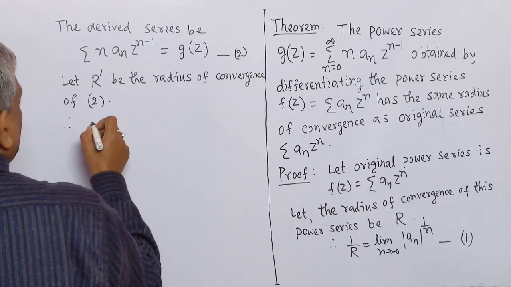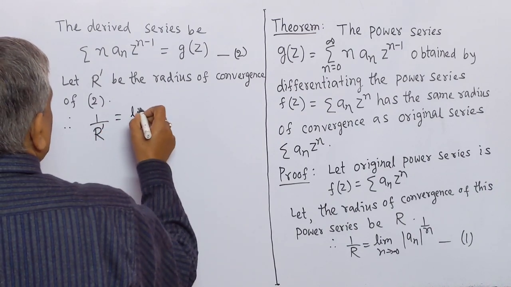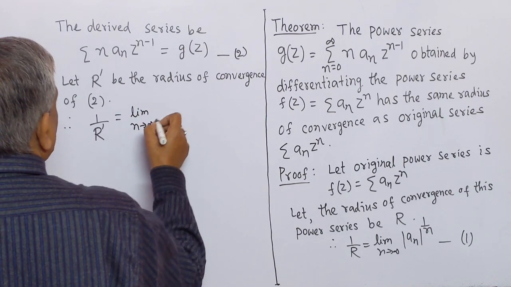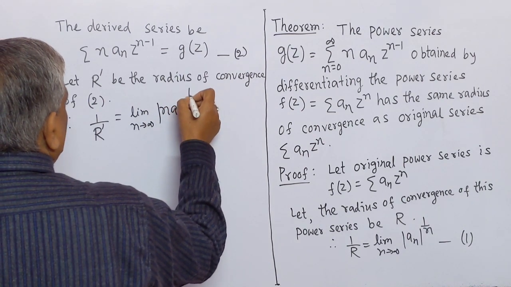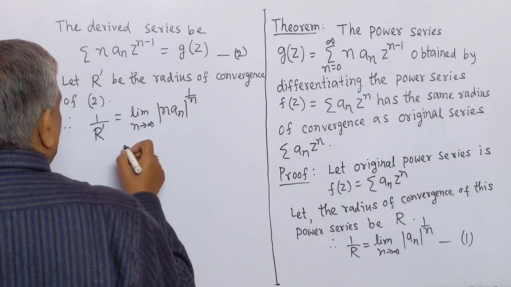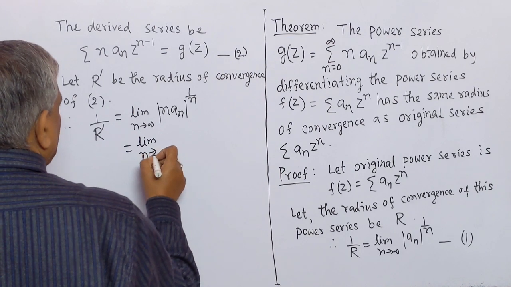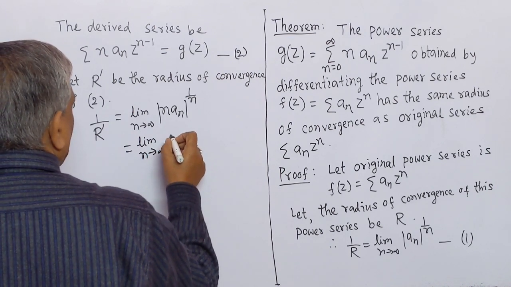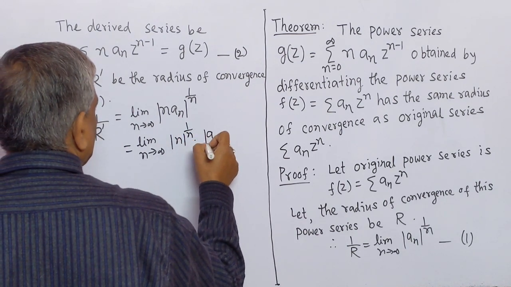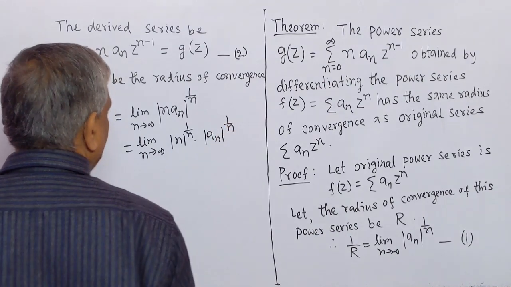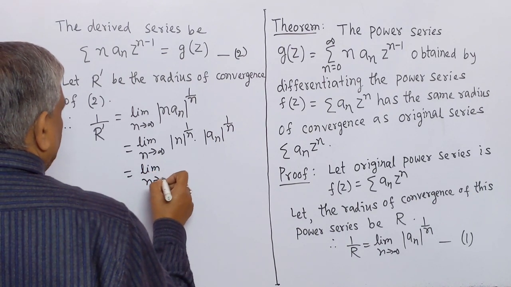Let this be number 2. Therefore, 1/r' = limit n tends to infinity |n a_n|^(1/n). This is equal to limit n tends to infinity |n|^(1/n) multiplied by |a_n|^(1/n).